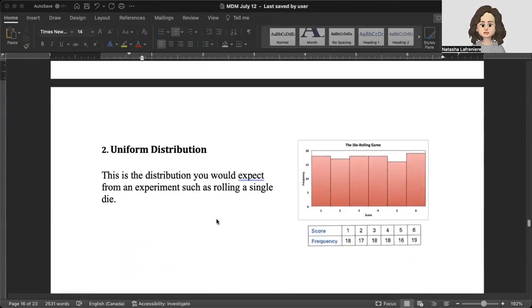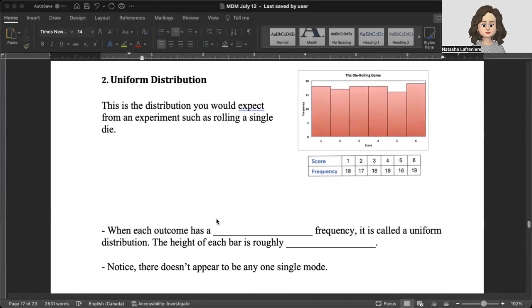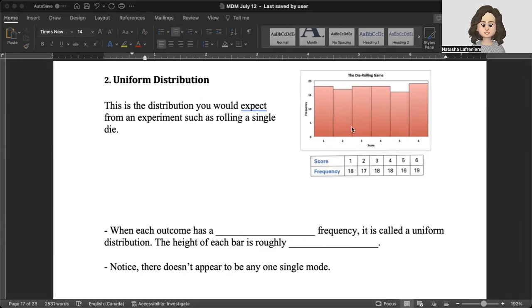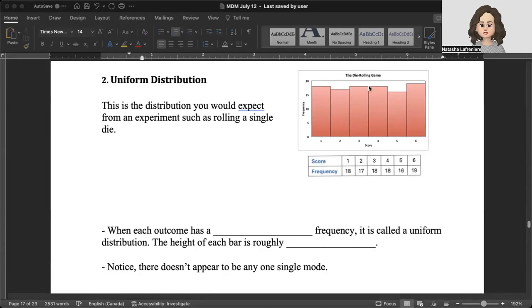So this is the distribution you would expect from an experiment such as rolling a single die. Okay, so this is pretty uniform. They're pretty well all at the same outcome.